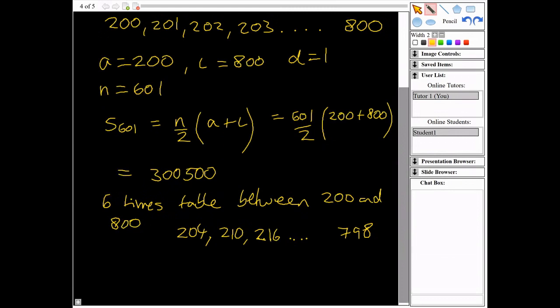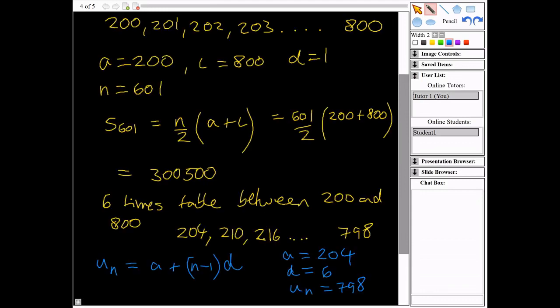So to work out how many numbers we have in our series between 204 and 798, we can use the formula for the nth term, which is A plus n minus 1 D. So in this series, we know that A is 204, and we know that D is 6, and we know that Un is 798. So using that, we should be able to work out how many terms we've got.